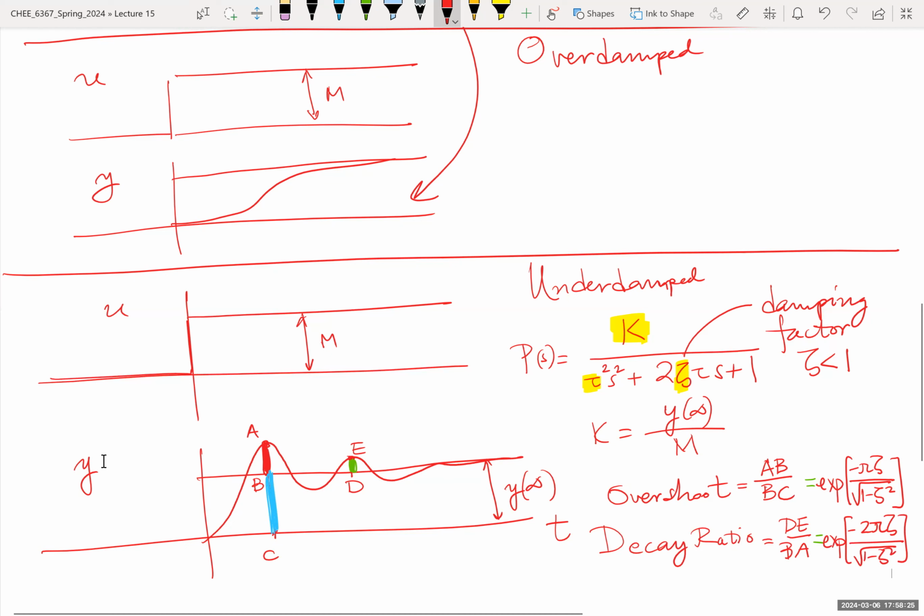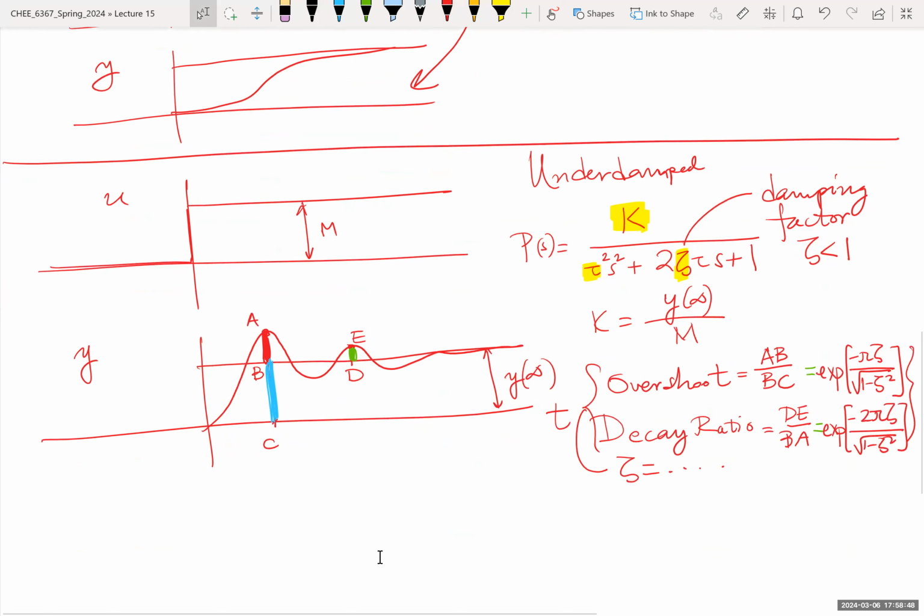So calculate the overshoot or the decay ratio, whichever one you prefer. Usually the decay ratio is more precise and more accurate, but either one can be used. And then solve for zeta. So from either one of these, you can get zeta.